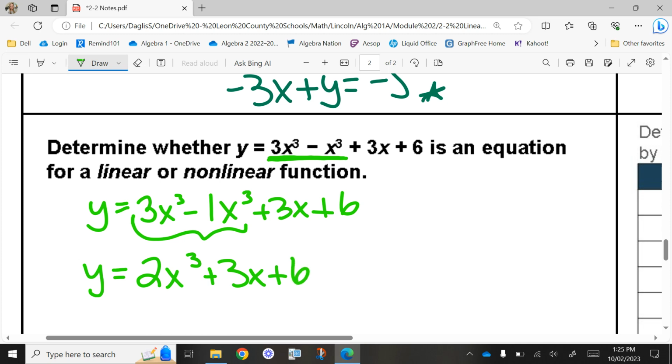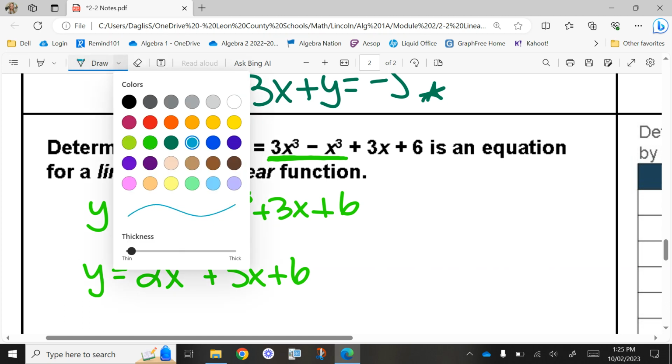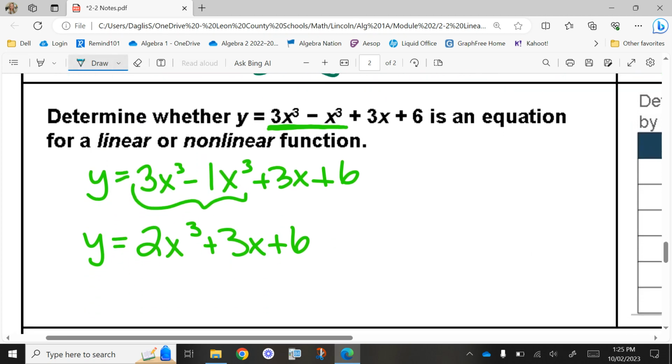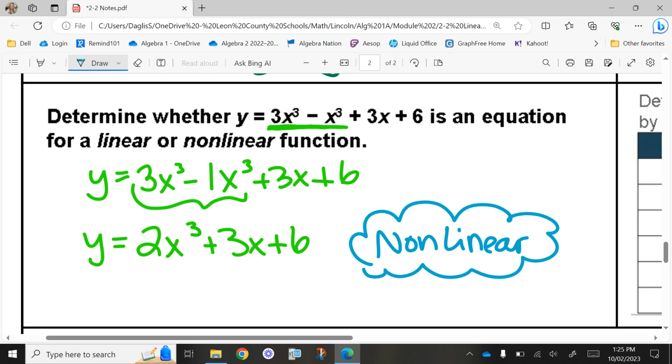Is this going to be a line? No. Why not? What's the problem with it? Okay, I will tell you. It's right here. This exponent of a 3. I cannot have an x to the power of 3. That makes it a cubic function, not a linear function.